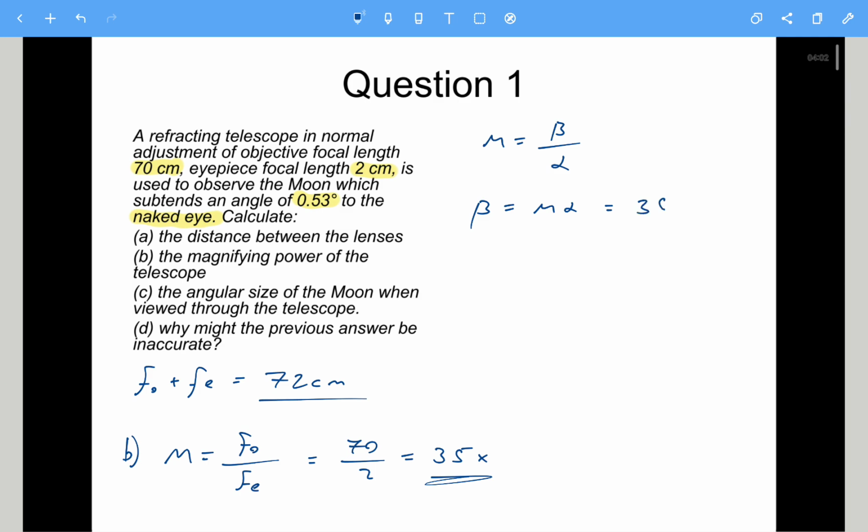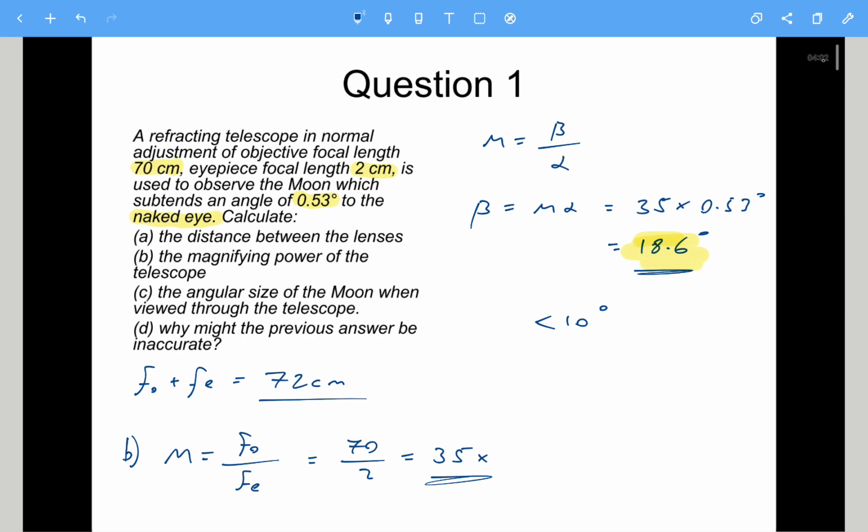Magnification is 35 times 0.53 degrees. That gives us an angle of 18.6 degrees. It asks why the previous answer to part C might be inaccurate. If you remember from one of the previous slides, these equations work very well if angles are less than 10 degrees. This angle is greater, therefore it won't be accurate.